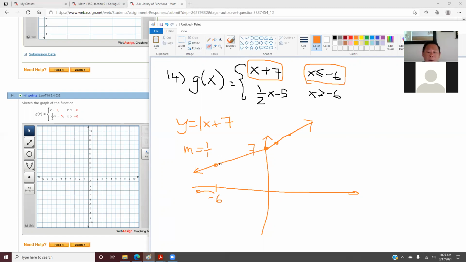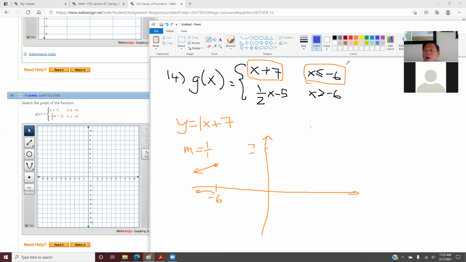Anything that is above -6, you have to erase it off. So your graph will be just this one. You okay there? Yep. So this is how we draw a piecewise function. This graph only takes a piece from x that is less than or equal to -6.